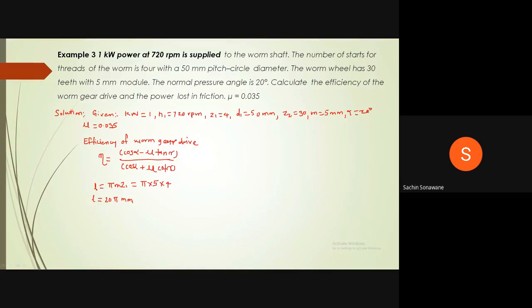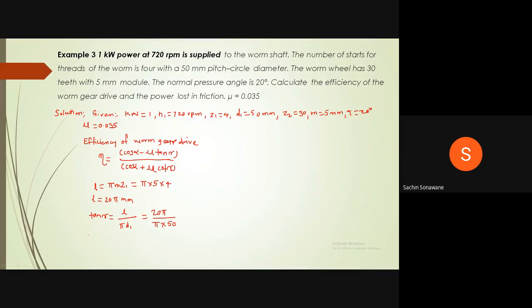Now, tan of gamma is equal to L divided by pi d1. L is equal to 20 pi divided by pi into 50.